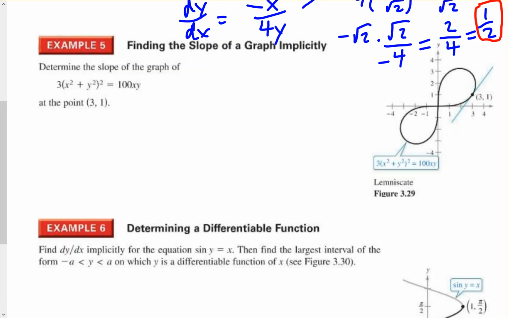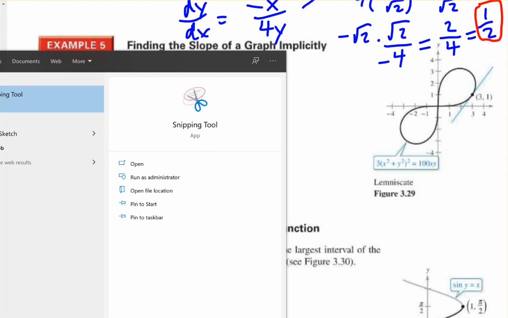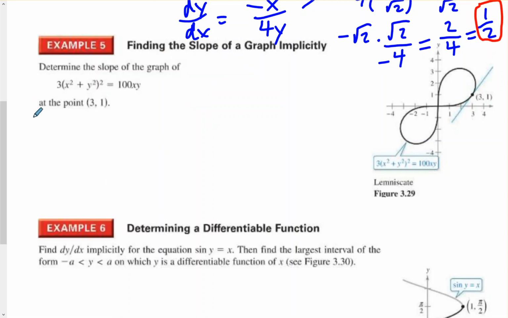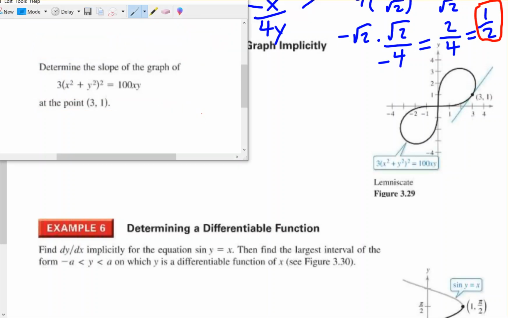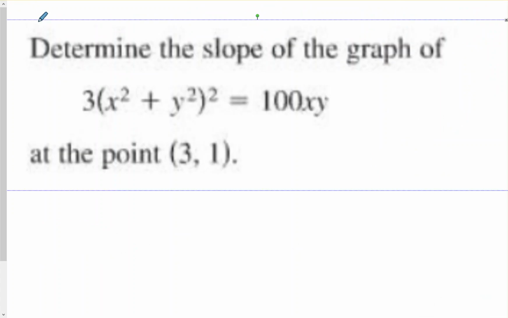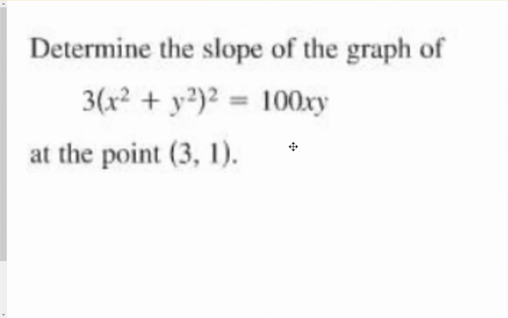Okay, so what I will do, I'm going to put this on a new page just so we have plenty of room. Okay, so for this problem, again, we want to take the derivative implicitly.